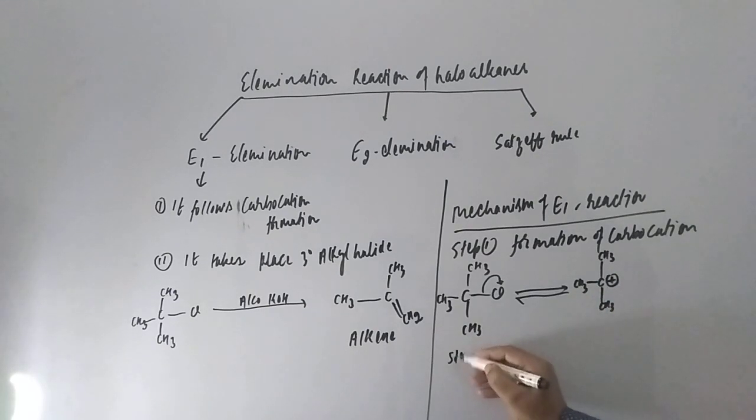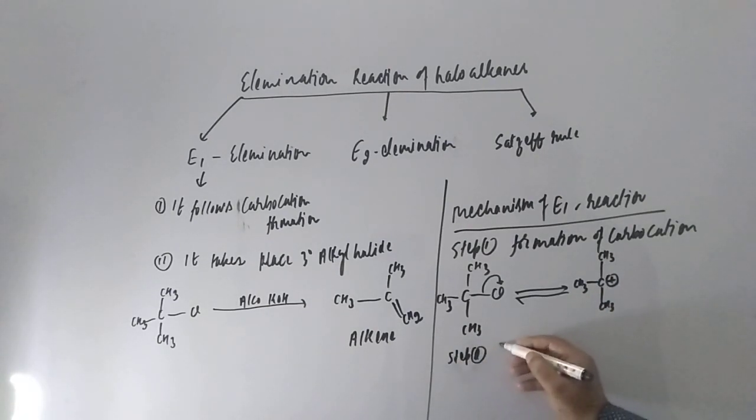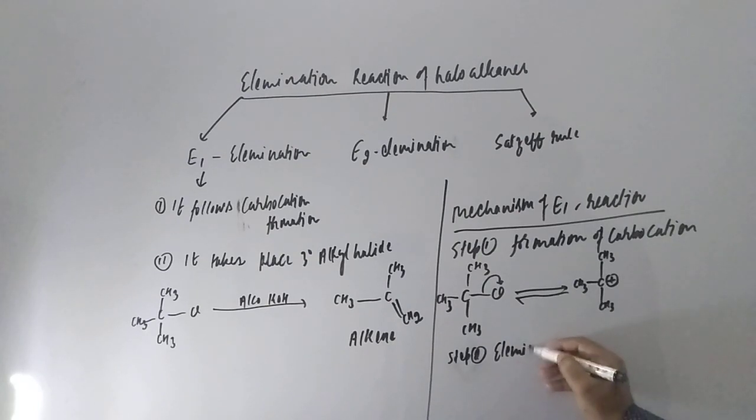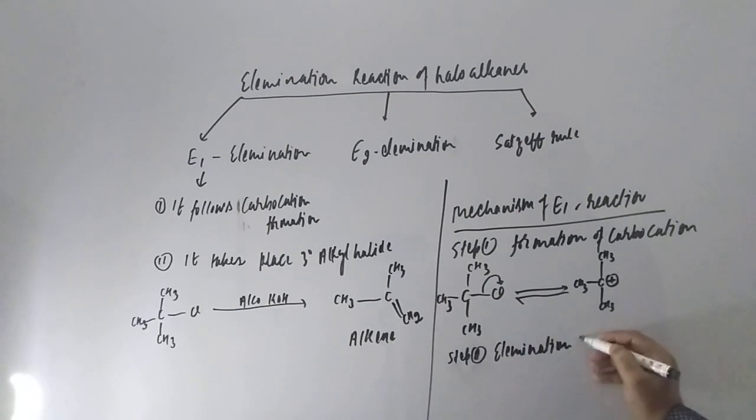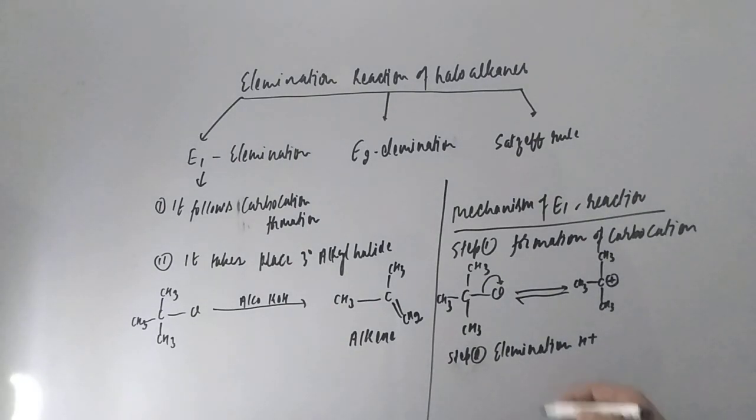Step number 2 is the elimination of H plus. How will the elimination of H plus take place, students? Let us see. I am writing the same carbocation. The positive charge is there, with CH3, CH3 and CH2 with H on this side.